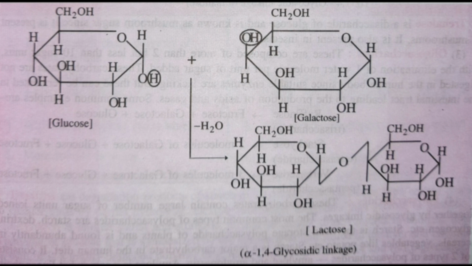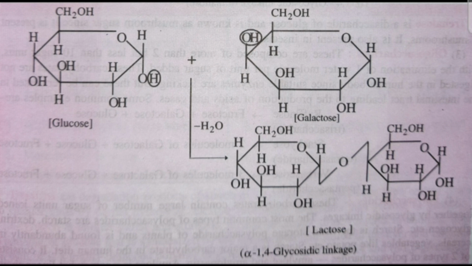It is produced by mammals and is the only carbohydrate of animal origin which is of significance in the diet. In lactose, the two monosaccharides are joined by a 1,4-glycosidic linkage. It is a reducing sugar since one of the aldehyde groups is free.